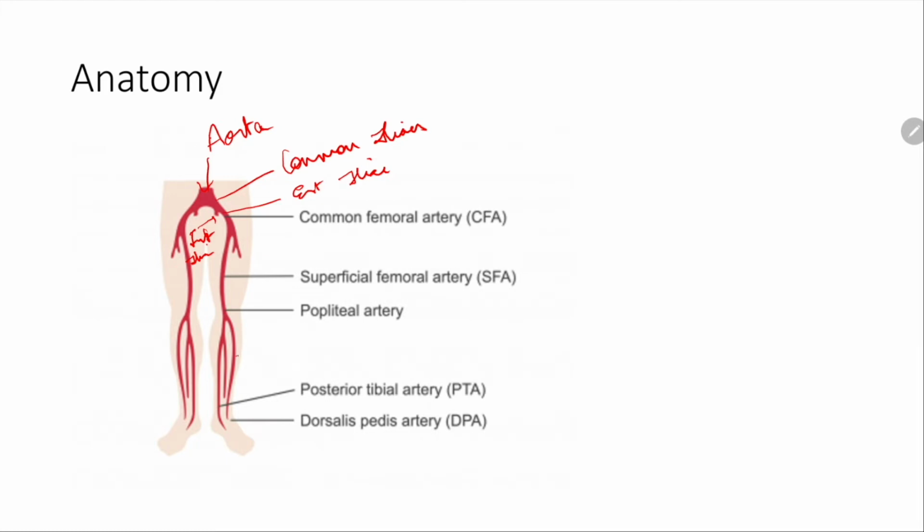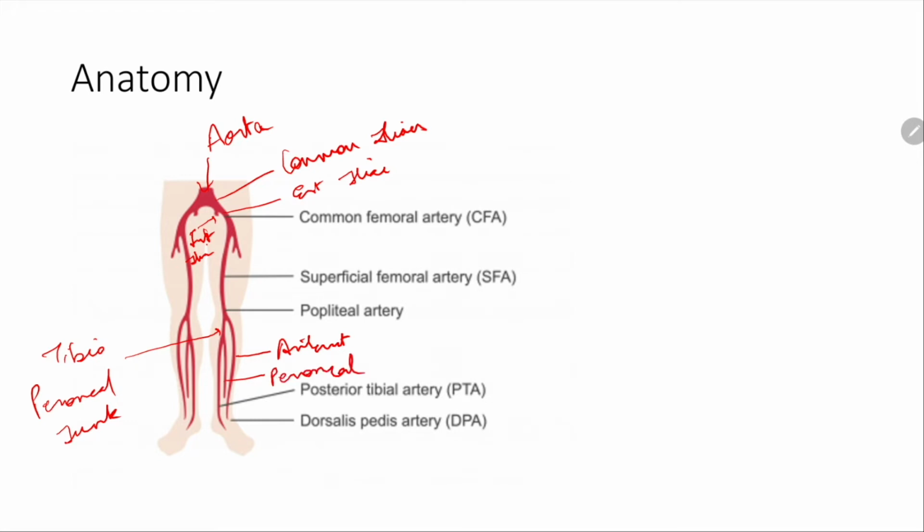The popliteal vessel gives the anterior tibial and the tibio-peroneal trunk. This bifurcation in the tibio-peroneal trunk further gives the posterior tibial artery, as you can see, and the peroneal artery.